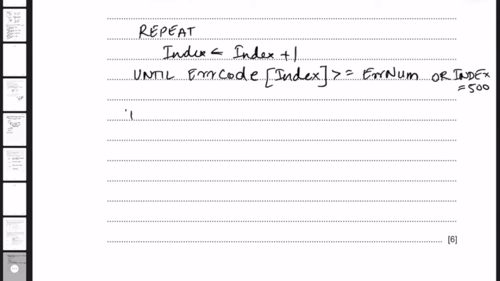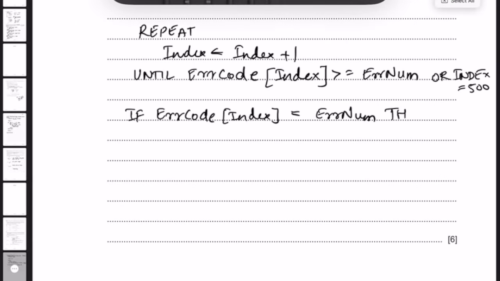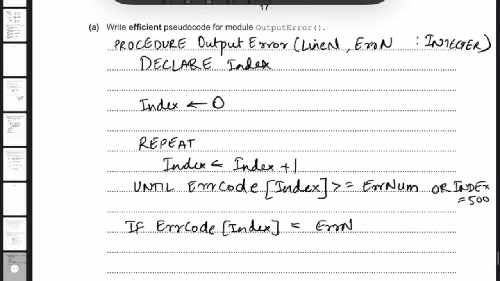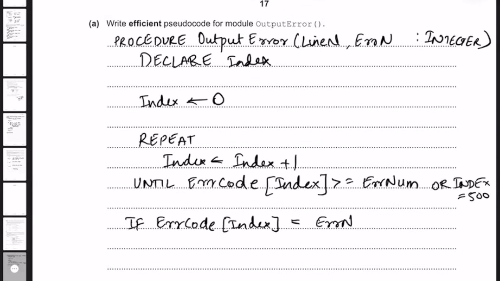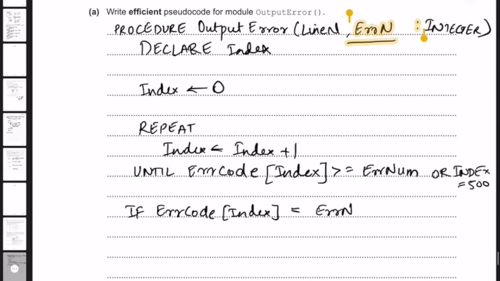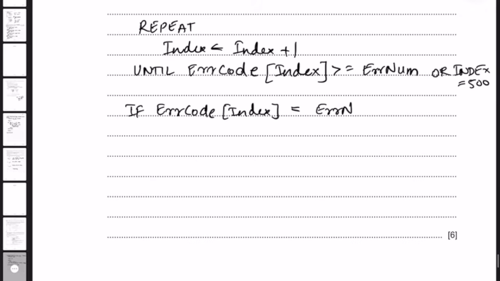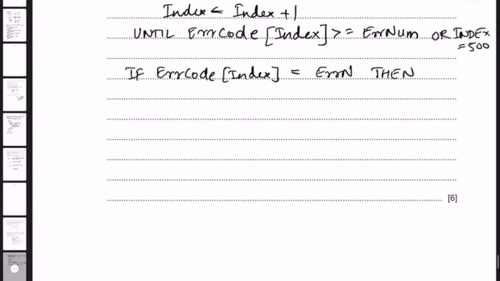Now we run an if statement, right? If error code equals errnum, sorry, not errnum, we have declared it as errn, this one, right? Then we have to output the thing.